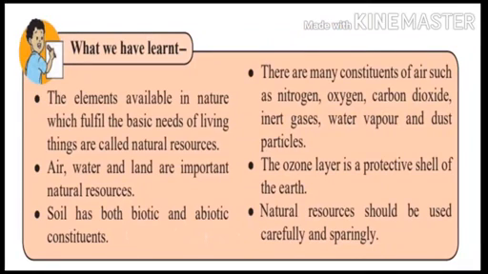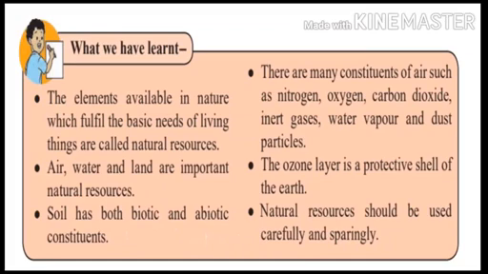Now see what we have learned from this lesson. First, the elements available in nature which fulfill the basic needs of living things, that is food, shelter and clothing, are called natural resources. Air, water and land are important natural resources. Soil has both biotic and abiotic constituents.